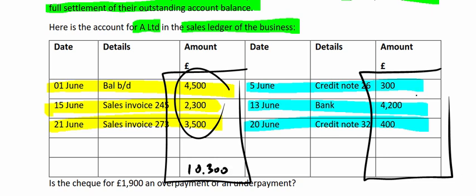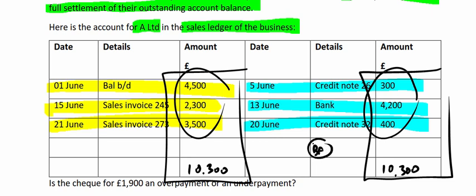There's only £4,900 on the credit side, so the debit side has the greatest total, and we put that total on both sides of the ledger account and then identify what the balancing figure would need to be.